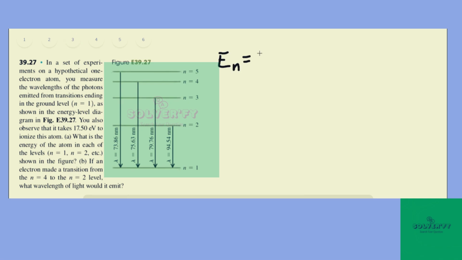En is equal to negative 17.50 electron volts divided by n squared. We can actually check to make sure that this equation is true, since we're given these wavelengths for these transitions. So let's go ahead and check that. Let's focus on this n equals 2 to n equals 1 transition.